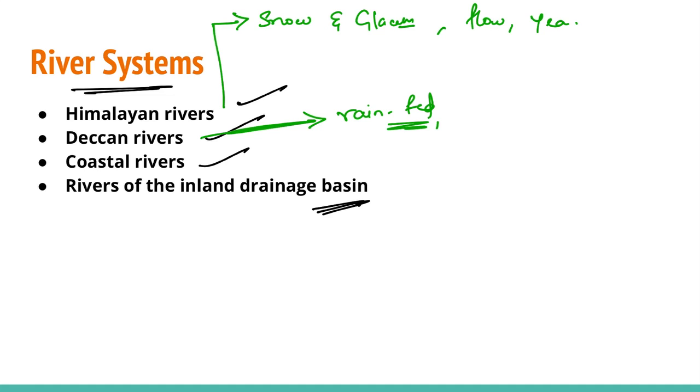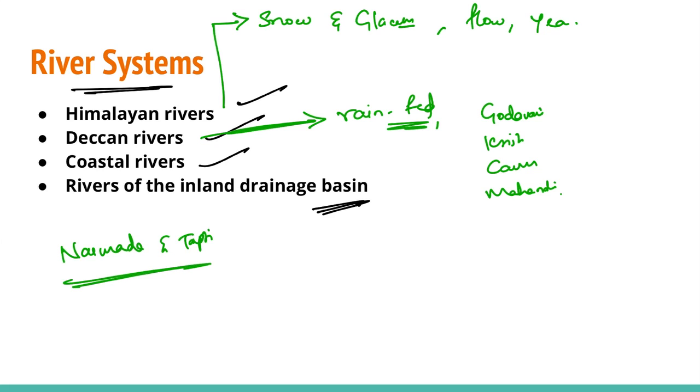The major east flowing rivers in the Deccan are Godavari, Krishna, Kaveri and Mahanadi. Narmada and Tapti are the two major west flowing rivers in the Deccan region.